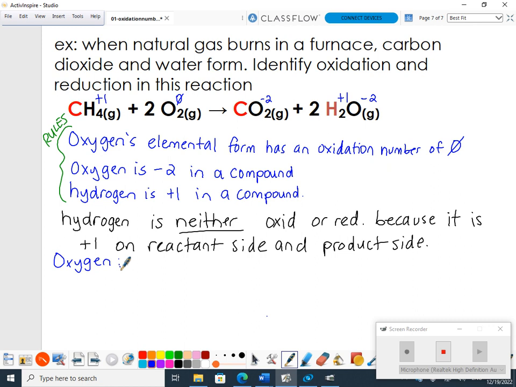It went from 0 to -2. That is more negative, a decrease in oxidation number.